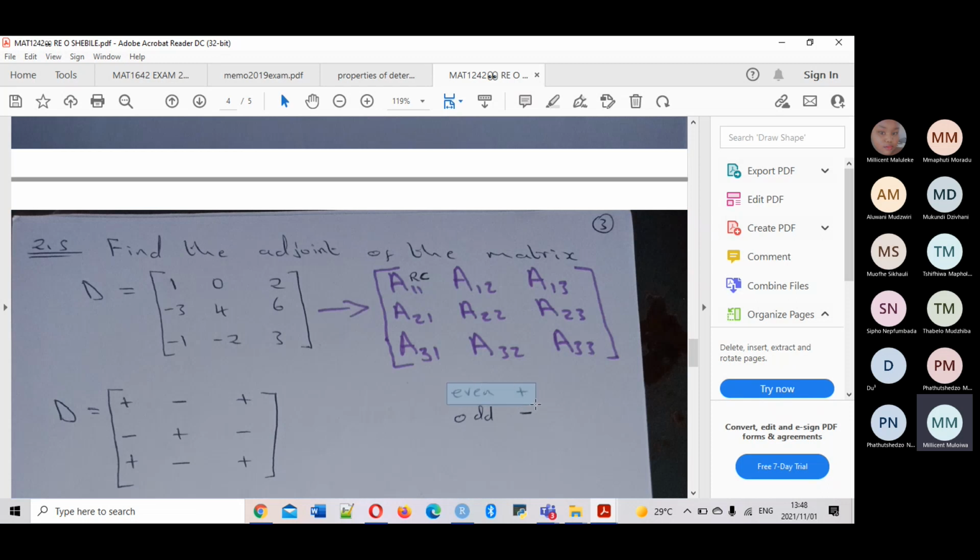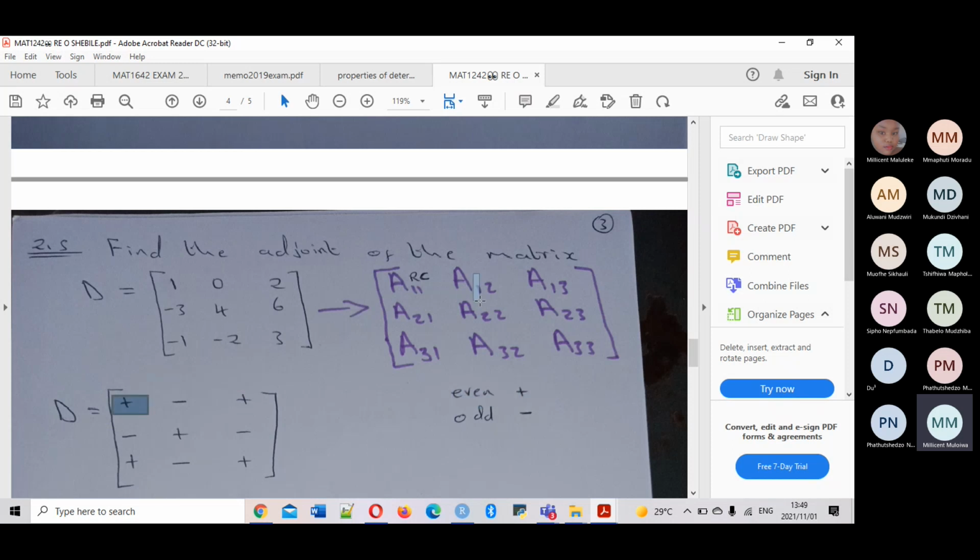Even number is positive, odd number is negative. When you add the first row and first column, 1 plus 1 is 2, which is even. You could use this because subtracting rows and columns won't work. So you get the even number 2, which means even is positive.